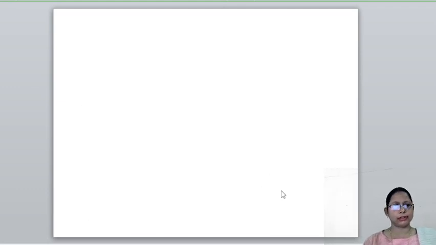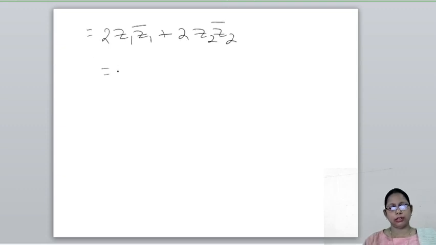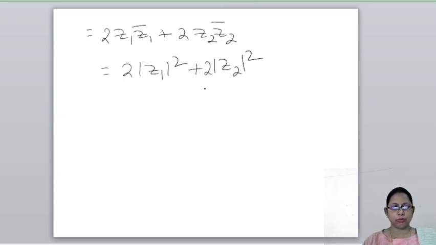So in the next step it will be equal to 2 Z1 Z1 conjugate plus 2 Z2 Z2 conjugate, and this is equal to 2 modulus of Z1 square plus 2 modulus of Z2 square.